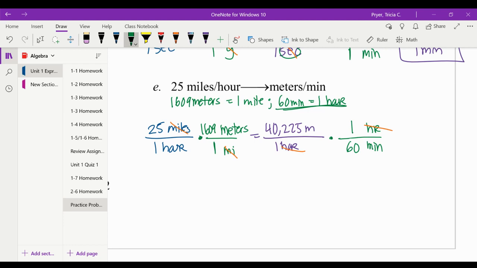In other words, you're just dividing. And you would get approximately 670.6 meters per minute.